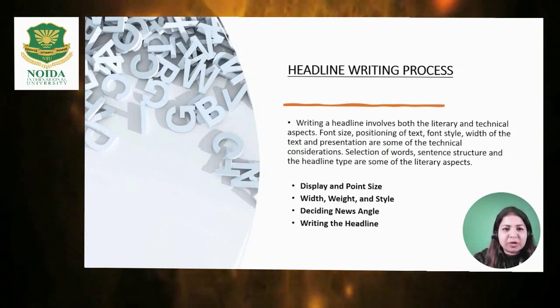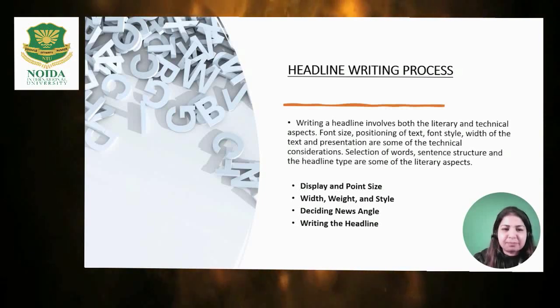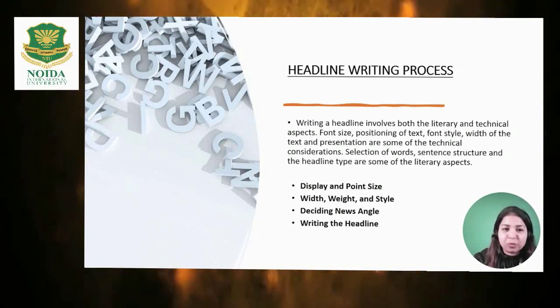The bolder the font, the greater is the weight of the headline. Weight of the headline suggests the priority given to the news story by the editor. Weight is also related to the font style chosen for writing the headline. Example: a story written in light or semi-light style has lesser weight than one written in condensed or bold.